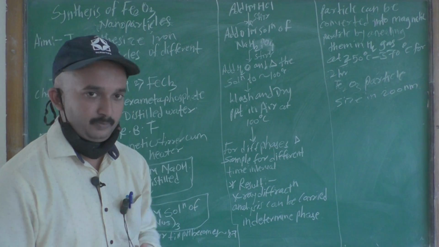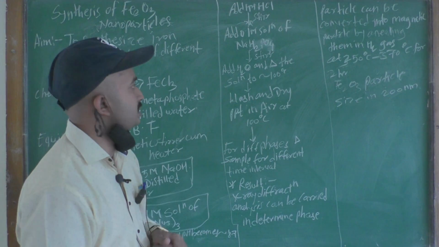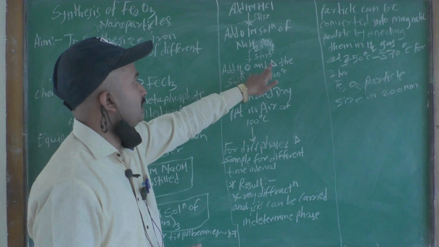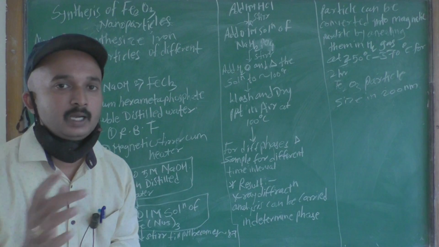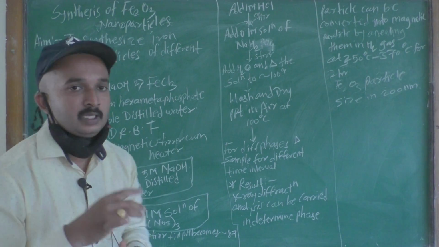Then add double distilled water, and heat at approximately 100 degrees Celsius. After the addition of water and heating, precipitate is formed in the solution.